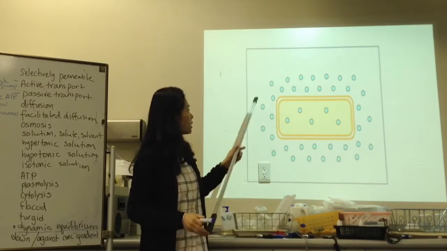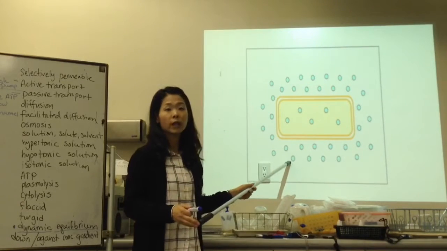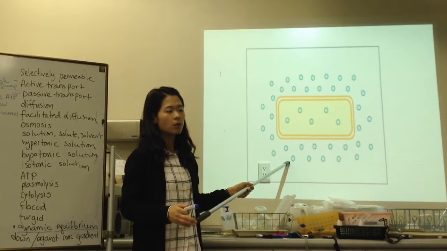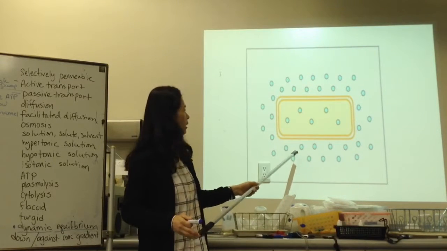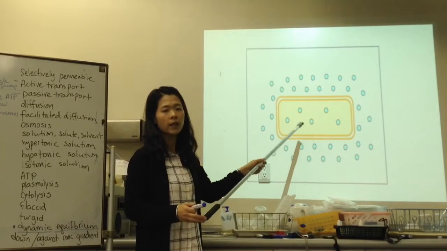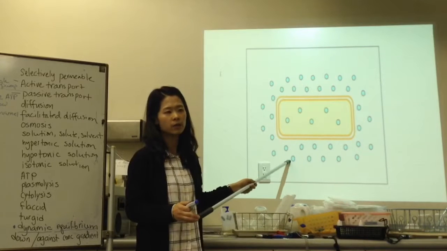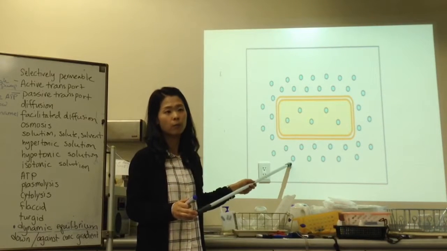All right. Notice that the amount of water outside the cell is greater. So to make the same concentration or same strength, let's say 10% salt solution here and 10% salt solution there. Now the concentration is the same. They're both 10%.